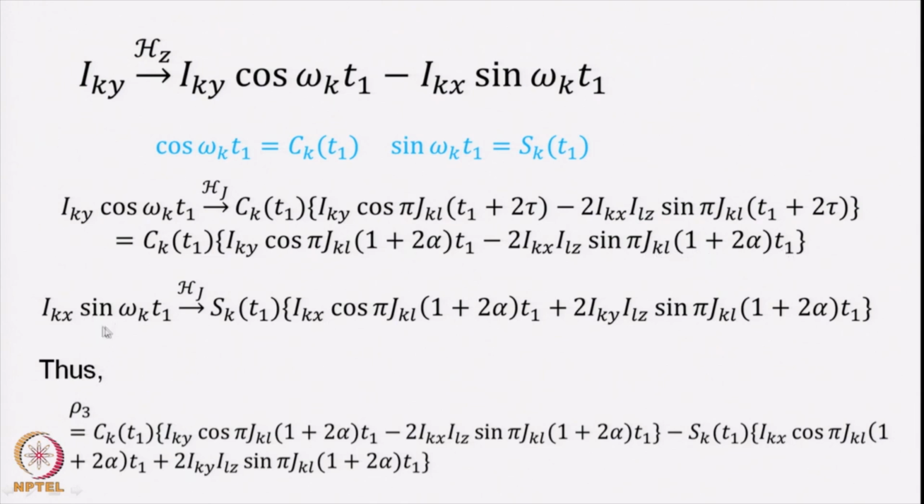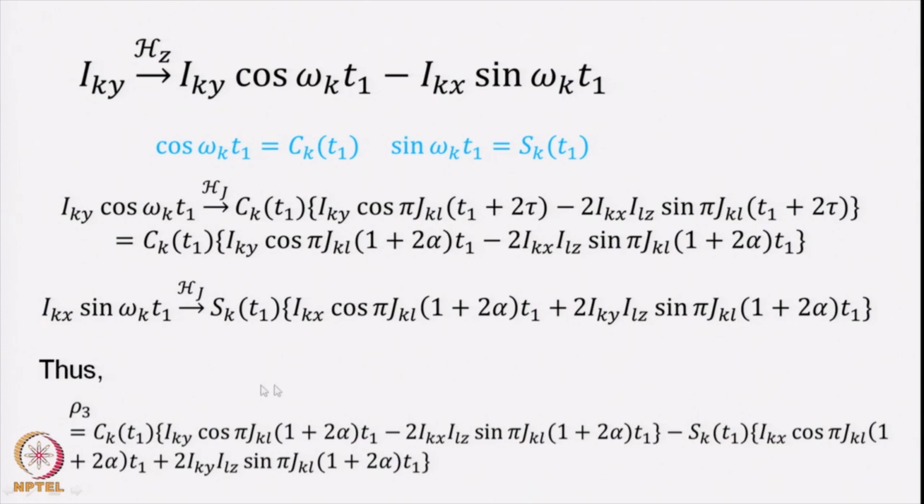Similarly, for the second term here, IKX sin omega k T1 under the coupling evolution will give you SKT1, this SKT1 is this here, and IKX cosine pi j k L (1 plus 2 alpha) T1 plus 2 IKY ILZ sin pi j k L (1 plus 2 alpha) T1.